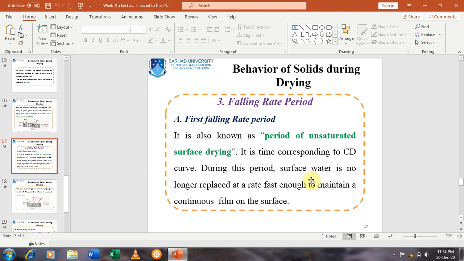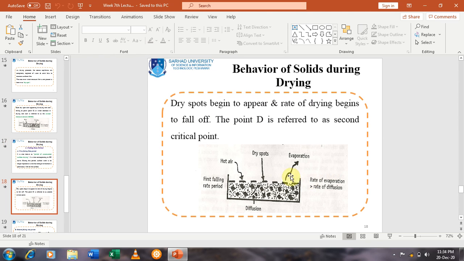The first falling rate period is also termed as the period of unsaturated surface drying. That is the time corresponding to CD in the curve. Here in this diagram you can see that in the first falling rate period the dry spots start appearing and there is no continuous film formation over the operating surface.